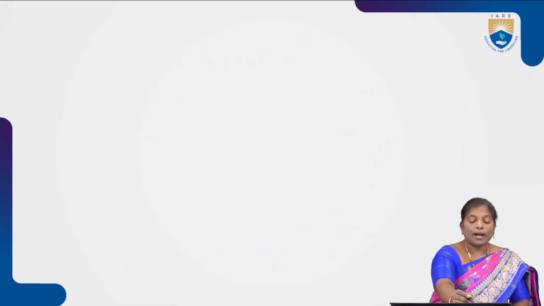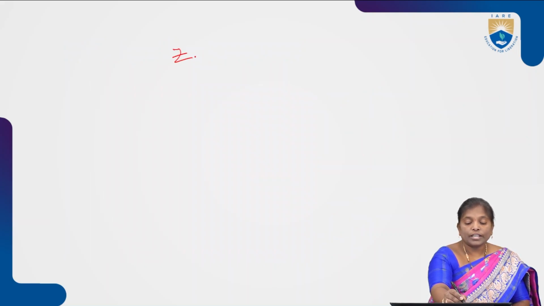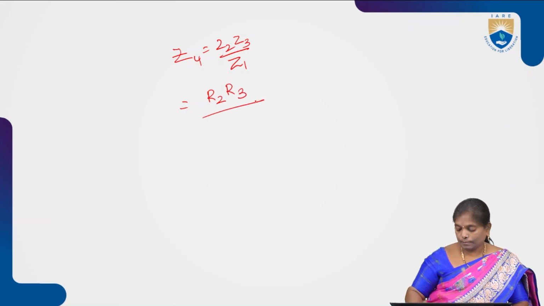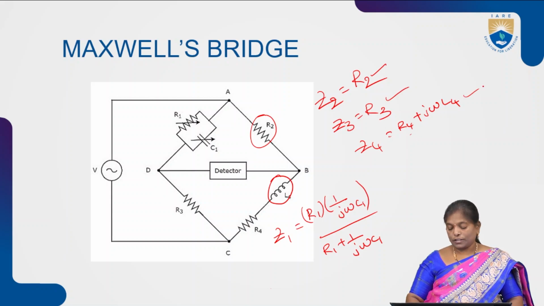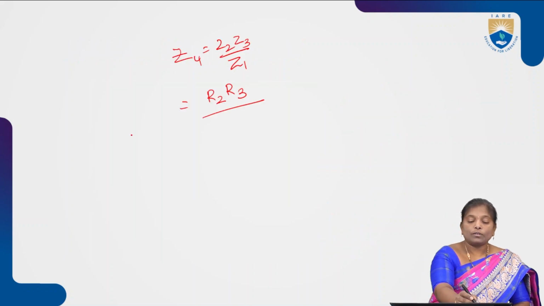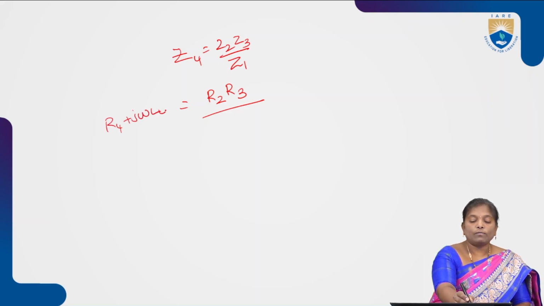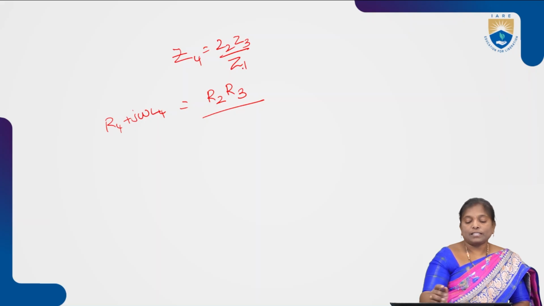As we know, the balanced bridge condition is Z4 equals Z2 Z3 by Z1. Z2 is R2, Z3 is R3 and Z4 is R4 plus j omega L4. So Z4, R4 plus j omega L4, is equal to R2 R3 divided by Z1.